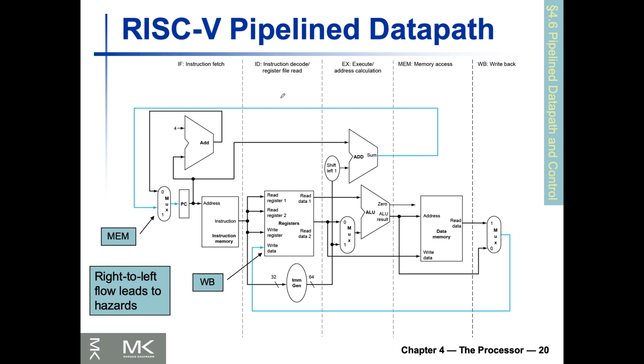Then you have your ID, then your execution stage, and then we have mem, where we access memory, and finally write back. If you map them on the data path pipeline that we implemented, it's going to be surrounding these sort of regions. So the way we see here, we are only able to go from left to right.